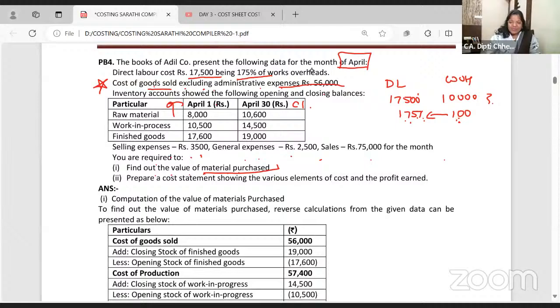I told you, no. Opening stock plus purchase minus closing stock. So here they have asked you purchase only. Prepare a cost statement showing various elements of the cost sheet and profit earned. Okay, right. Chalo. So we will take up the 4th problem now.